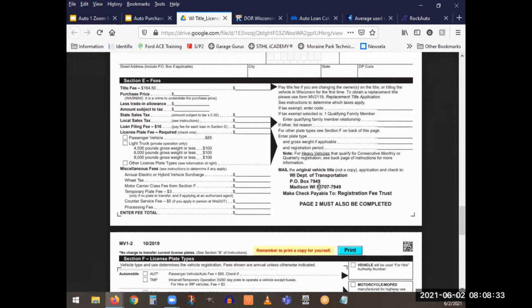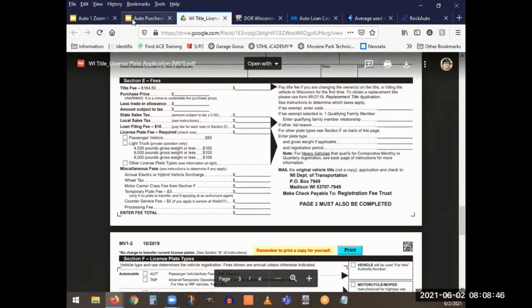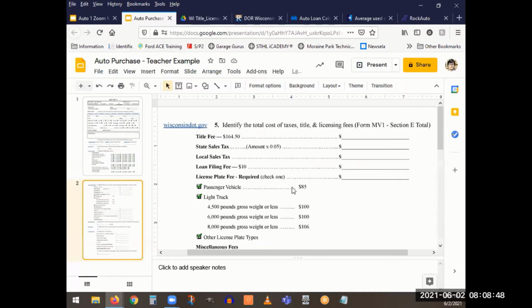Section E here is basically what I copied and put on our assignment that you have to fill out. So you're going to essentially be filling out section E, but you'll be filling it out on this form here.